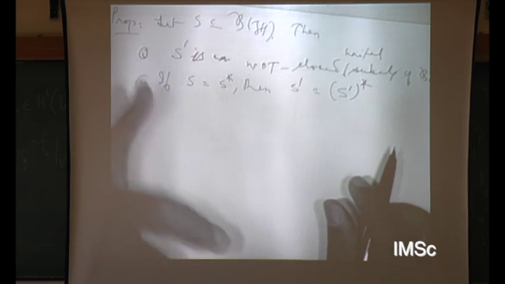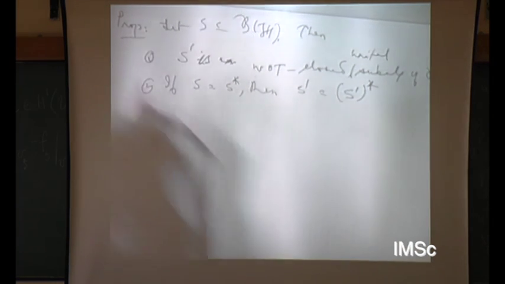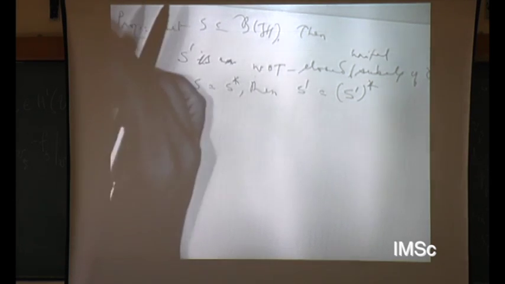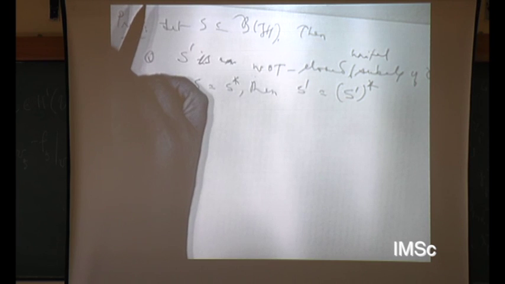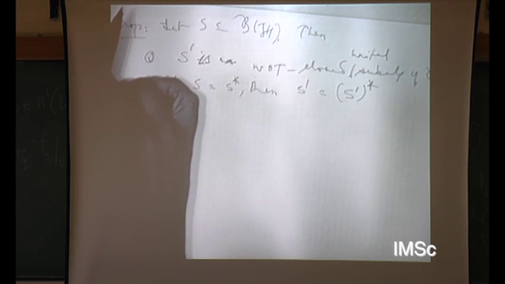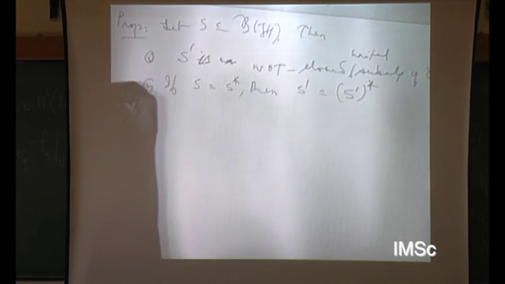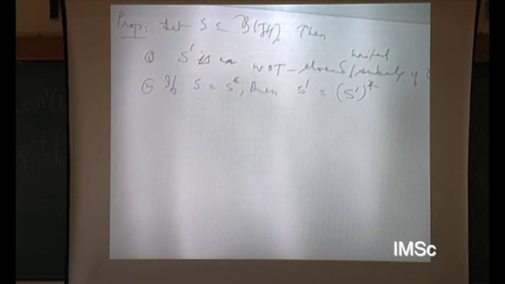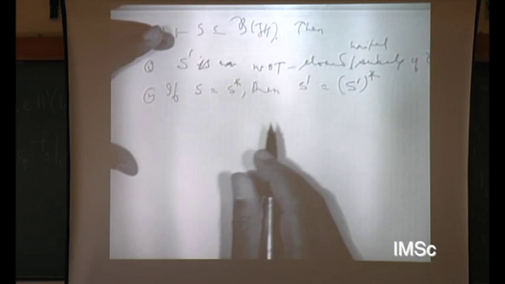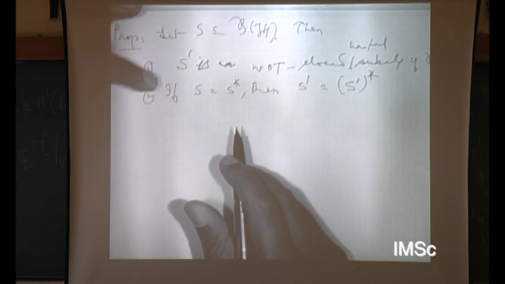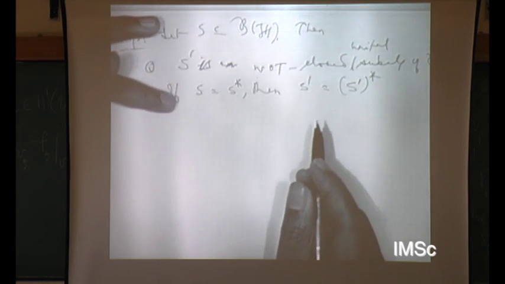If I know x prime is in S prime, it commutes with any x in S. You look at that equation and you take the adjoints. And you will find that x prime star must also commute with everything in S, because adjoints of things in S will exhaust everything in S. So the commutant of a star closed set is star closed.